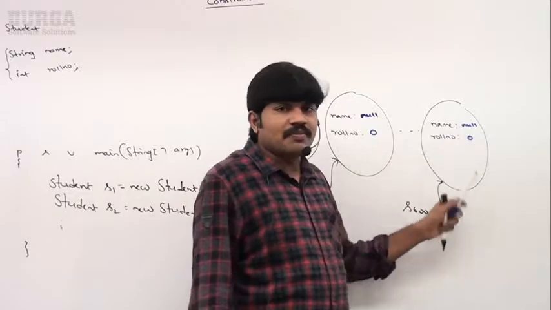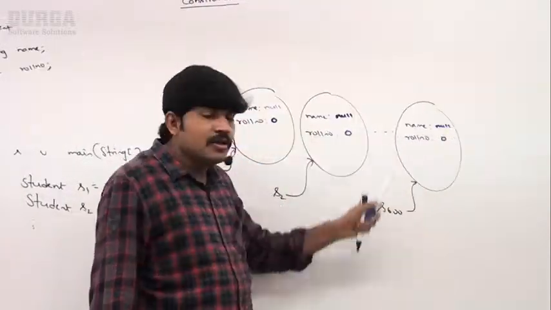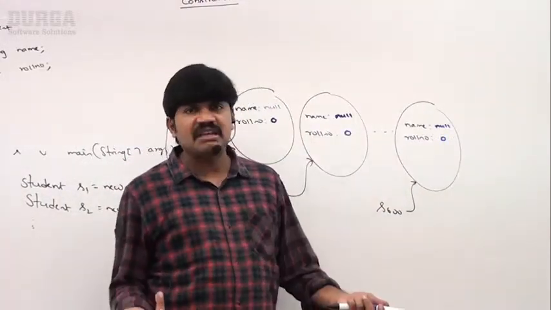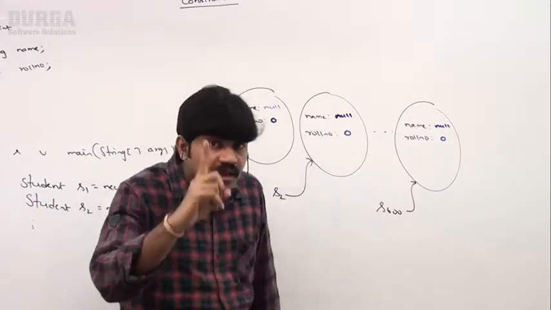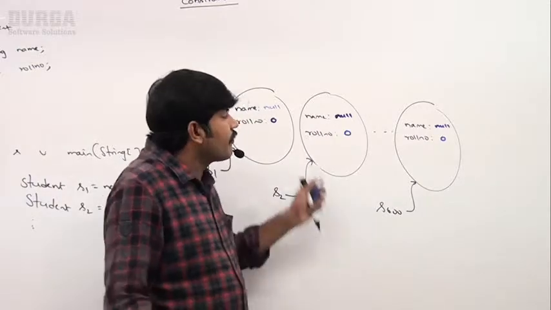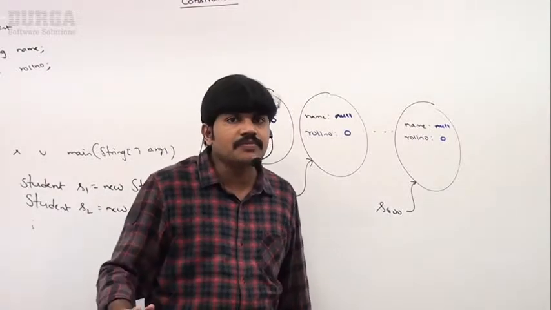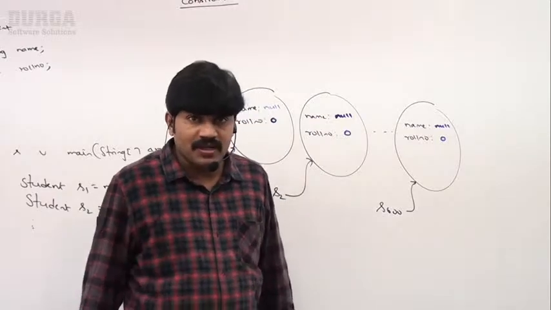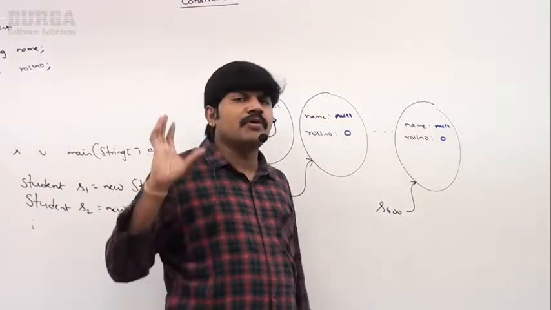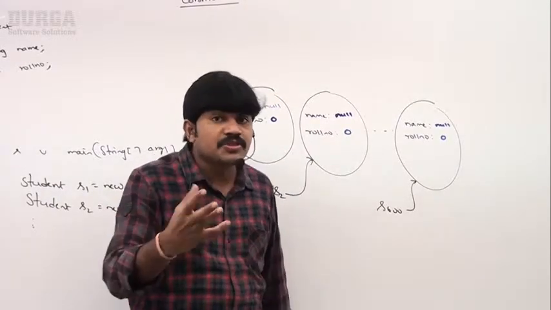The second one also says name null, roll number 0. All 600 students having the same name null and the same roll number 0 is meaningless. That's why once we create an object, we compulsorily require to perform initialization. Otherwise, that object is not in a position to respond properly or provide service properly. Then only the object creation is meaningful.